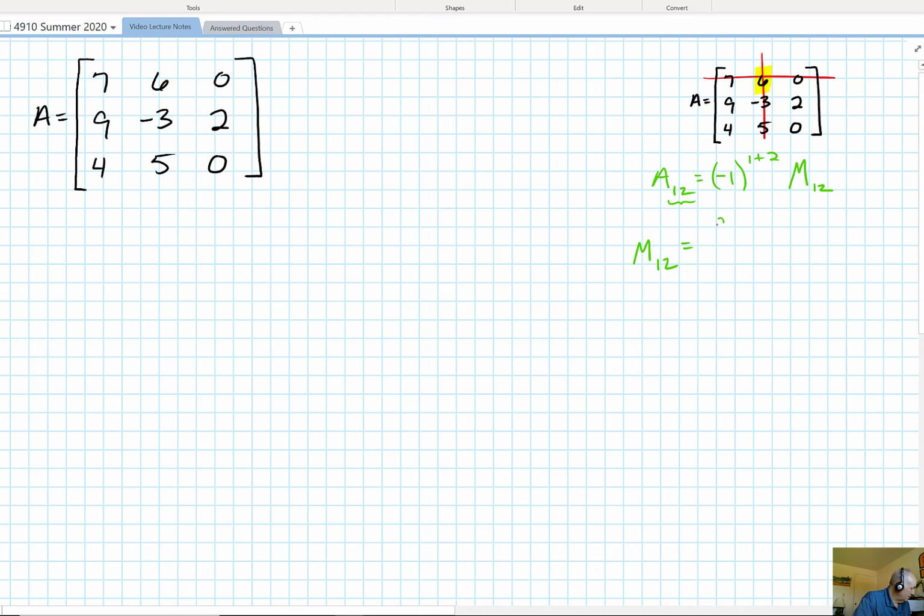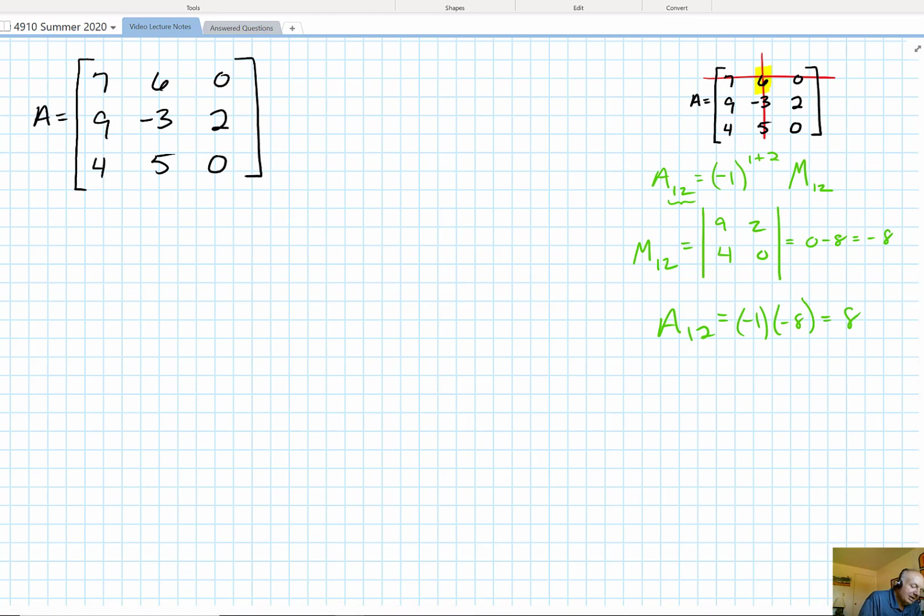So in this case, you would take the 9, 2, 4, 0 in order, and you want to find the determinant. I can use these big bars to indicate find the determinant. So the minor is simply this idea of taking what's left over after you cross out the row and the column and taking the determinant. In this case, it'd be 0 minus 8, or -8. And so a sub 1, 2 is simply -1 to the 3rd power, so -1 times -8, or 8.